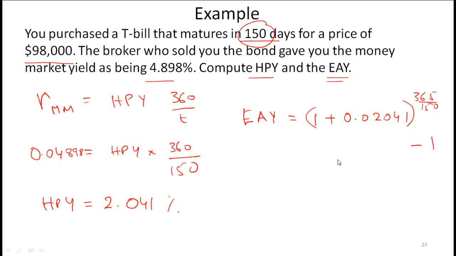So when you do this, you will get an effective annual yield of 5.039%. And again, as a check, note that the effective annual yield is a little more than the money market yield.